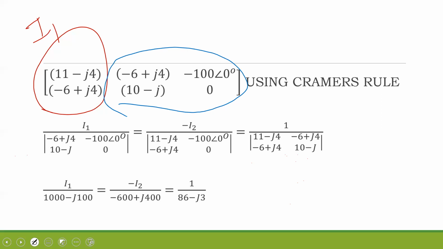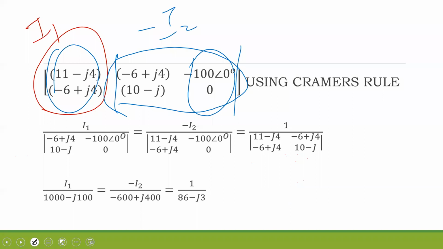But anyway, so we have I1 over the modulus of what remains, and then minus I2 over this and that, and then 1. So we block out for the 1.